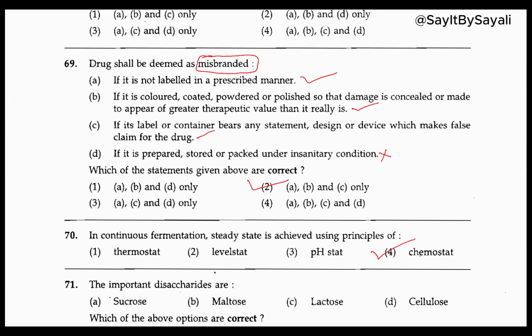A chemostat is a bioreactor in which the volume is kept constant by continuously adding fresh medium while simultaneously removing the culture liquid. And this system allows for maintenance of a steady state where growth rate and substance concentration remain constant over a period of time.